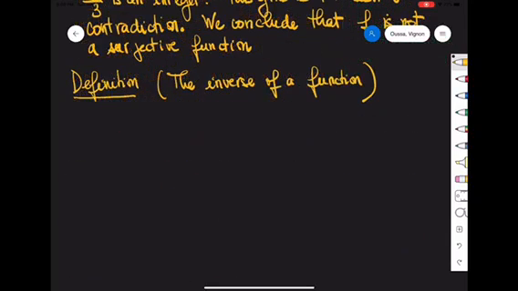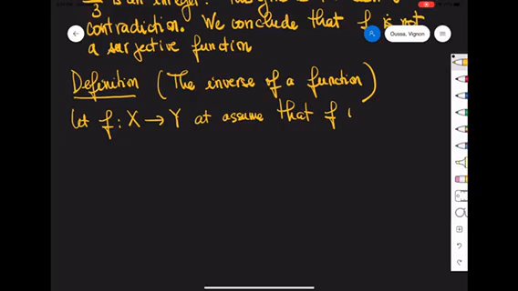Now we will define the inverse of a function. So let us start as follows. Let f be a function between X and Y, and assume that f is bijective.